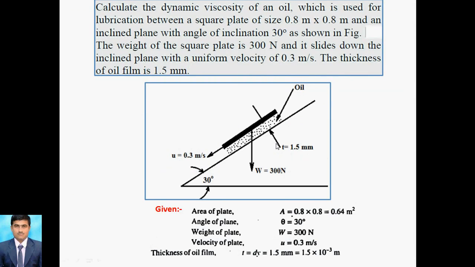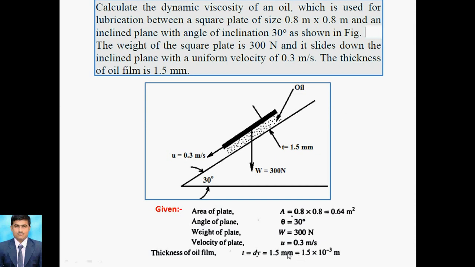Now the next problem we have discussed here is to calculate the dynamic viscosity of an oil which is used for lubrication between a square plate of size 0.8 by 0.8.